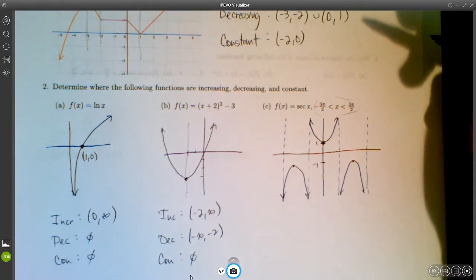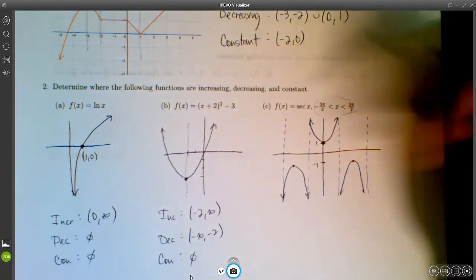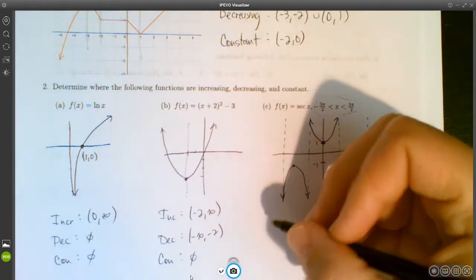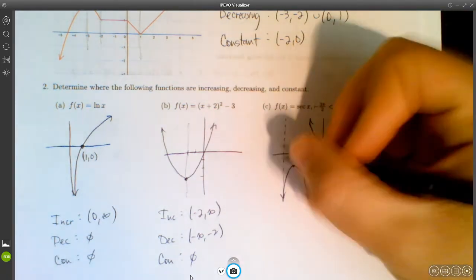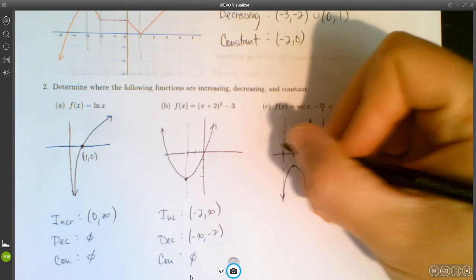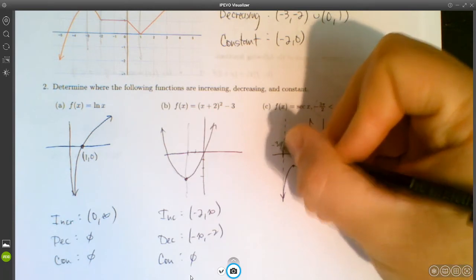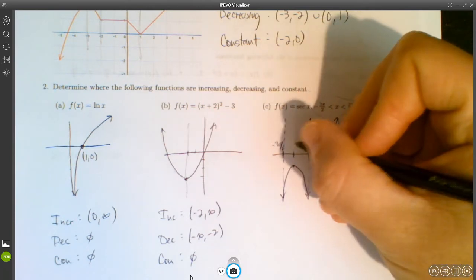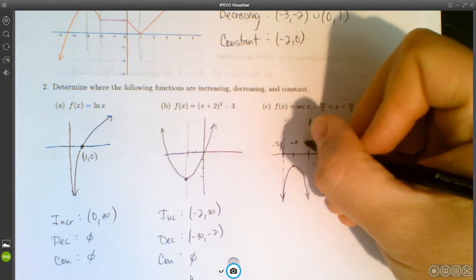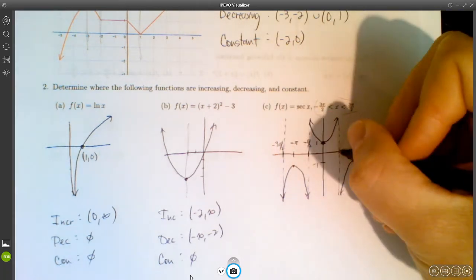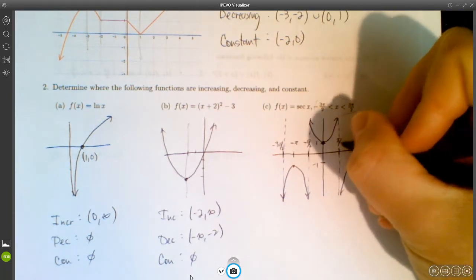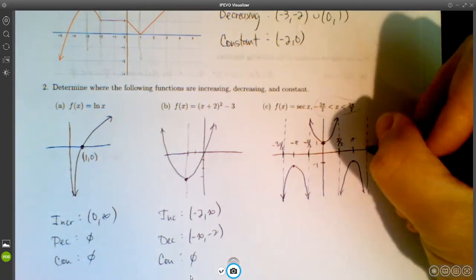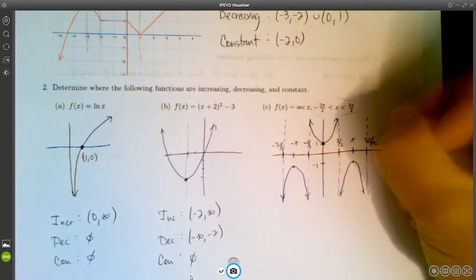So where is this thing increasing? Well, it might be useful to label some of these things. This is negative 3 pi over 2. This is negative pi. This is negative pi over 2. Pi over 2, pi, and 3 pi over 2.